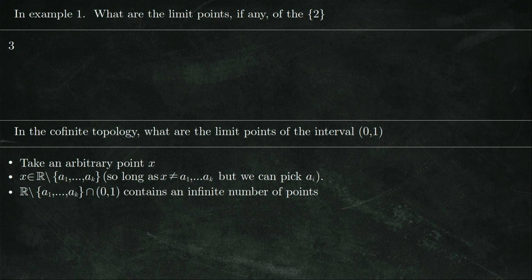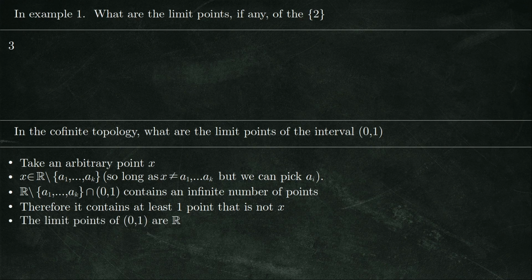So (0, 1) contains an infinite number of points, and then we just take away a_1 to a_k, so we remove a finite number of them. We're still left with an infinite number of points. And therefore, it contains at least one point that is not x. And therefore, the limit points of (0, 1) are all of R.